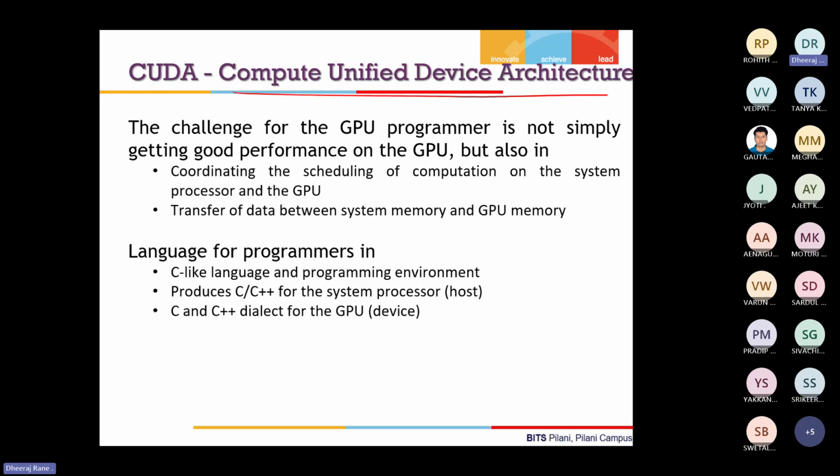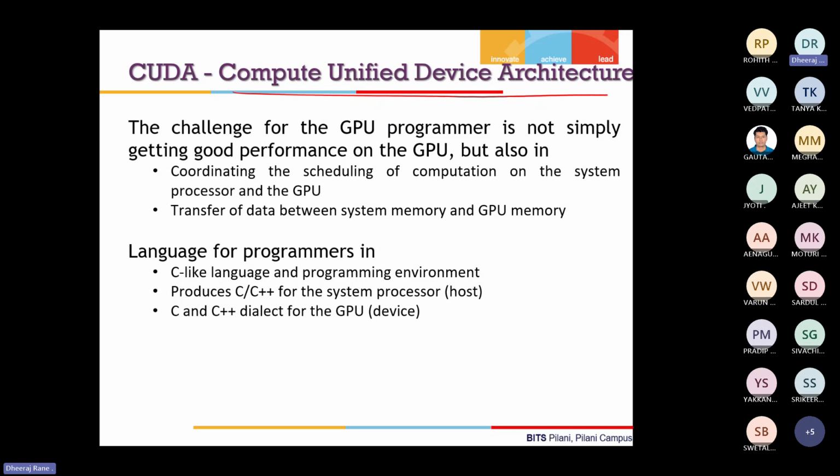CUDA, so Compute Unified Device Architecture. The basic challenge for a GPU programmer was not simply getting good performance on the GPU, but also doing the appropriate scheduling and transferring the data between the system memory and the GPU.